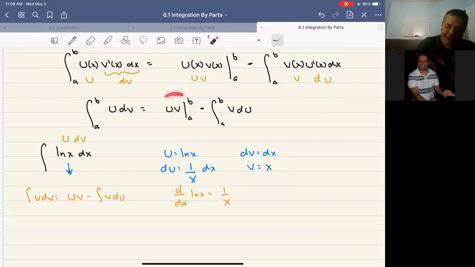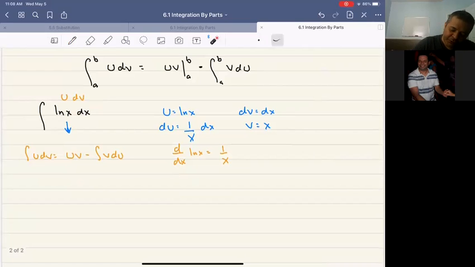That's our formula here. And then we're just going to match up. So uv is x natural log of x, minus the integral of v du.